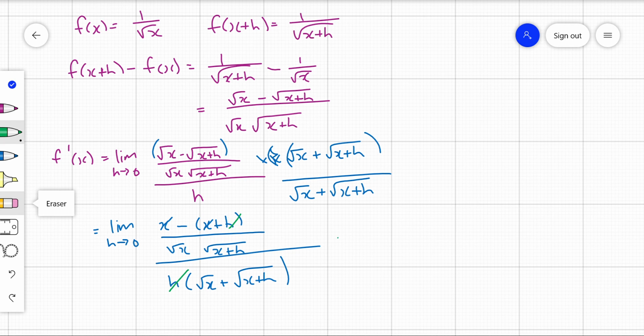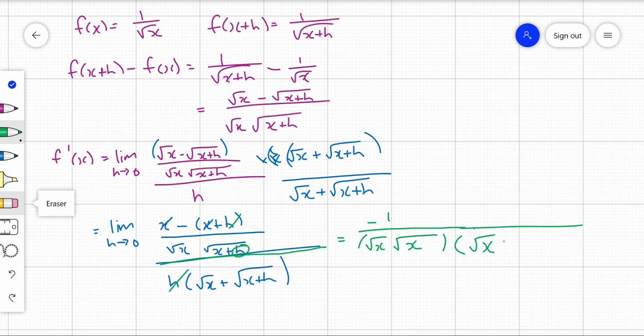So what I've got is, I'll just write it up here, a minus 1 on, and now I can make h go to 0 because I'm not dividing by 0. So you've got root x and this will be root, instead of x plus h, I'm making that go to 0, root x. And then this is divided by, which is the same as times 1 on, so really I'm just multiplying all this other denominator.